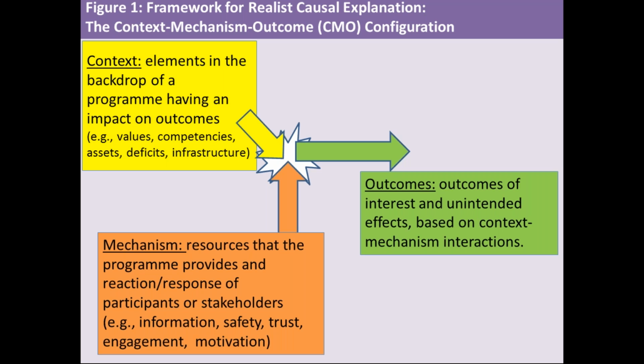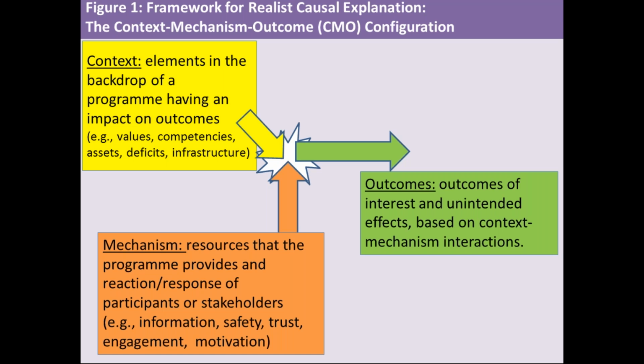Here I've given examples of context: values, competencies, assets, deficits, infrastructure. You can think of these as things in the backdrop. What people value, like working in different communities, there are different cultural norms, and there could be different values based on different experiences.